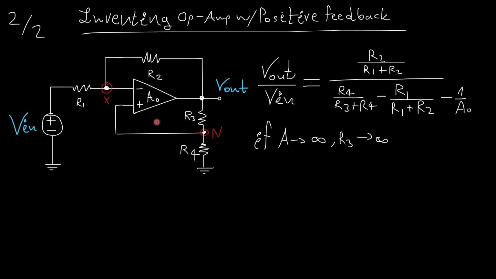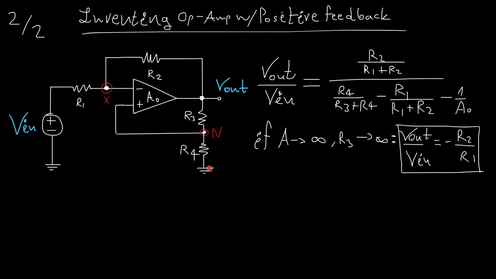Which would mean that I would predict that I would have a normal inverting op-amp configuration here with the positive terminal connected all the way to the ground. Since I expect no current to flow inside the positive terminal, this resistor would play no role in the result.